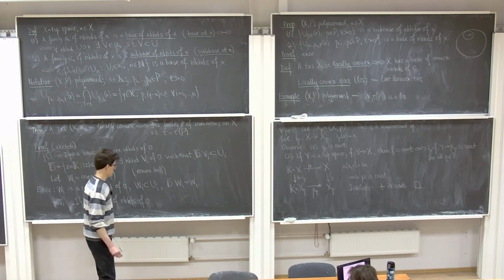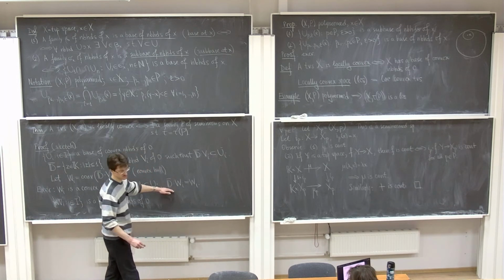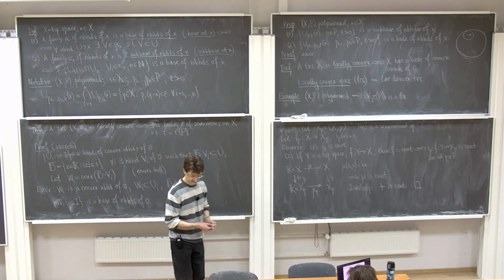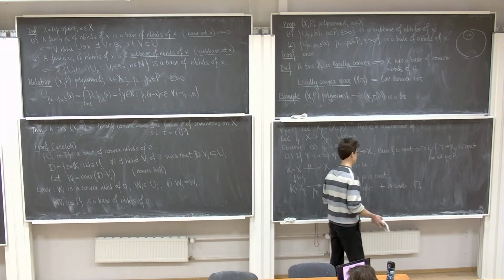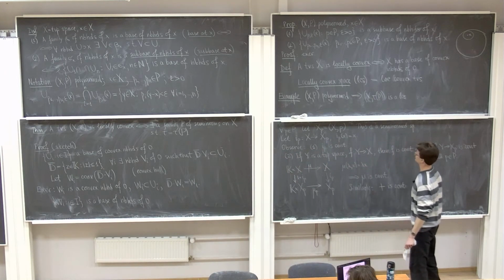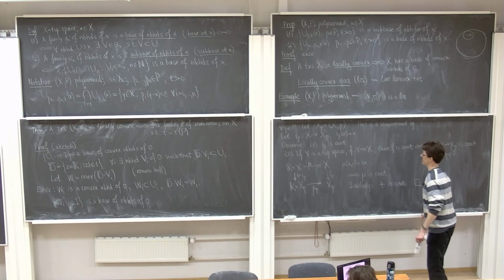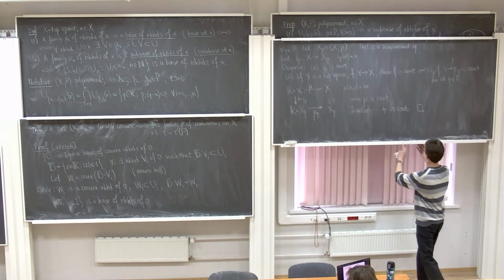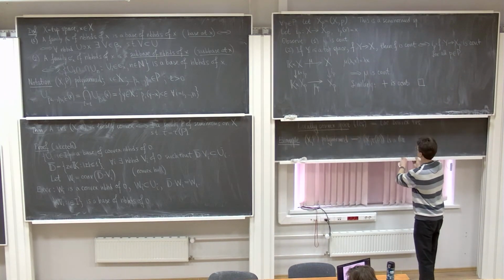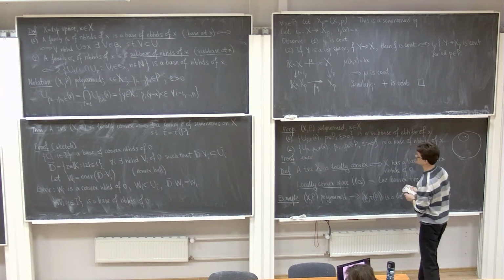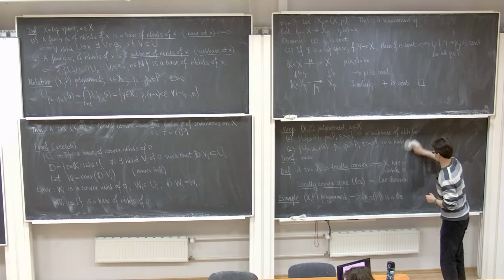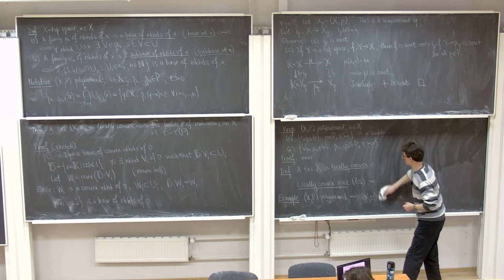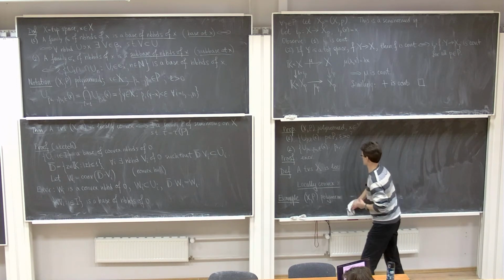But this base is better because of this property. Such sets are sometimes called circled sets or balanced sets. So each Wi is not only convex, but is also balanced. Okay, and now we can construct our family of seminorms.